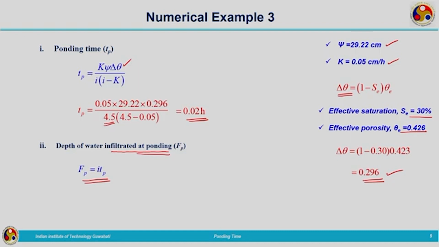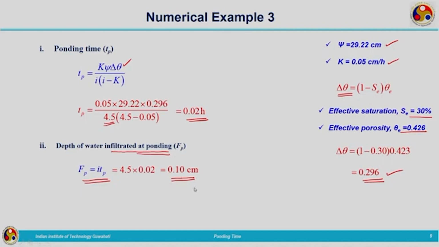I is with us, Tp is with us, we just have to substitute. It is calculated as 0.1 centimeters. The cumulative infiltration at time T equal to Tp is the product of rainfall intensity and Tp, that is 0.1 centimeters.